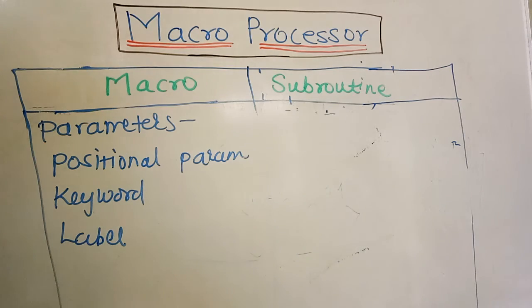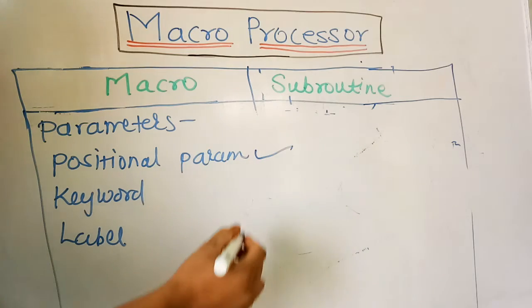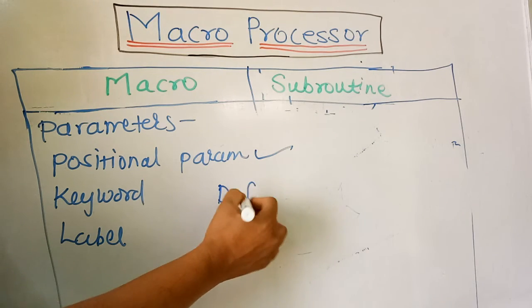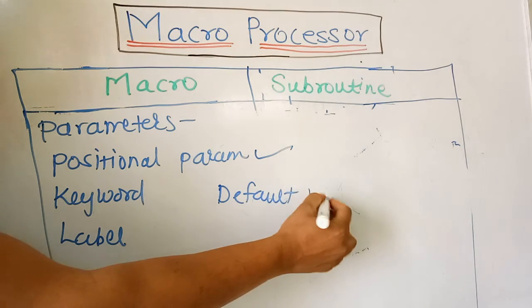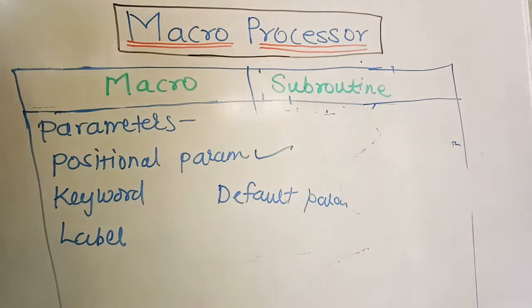These are the different types of parameters associated with macros. But in terms of the subroutine, it is again using the positional parameters and there are some default parameters associated with the subroutine.